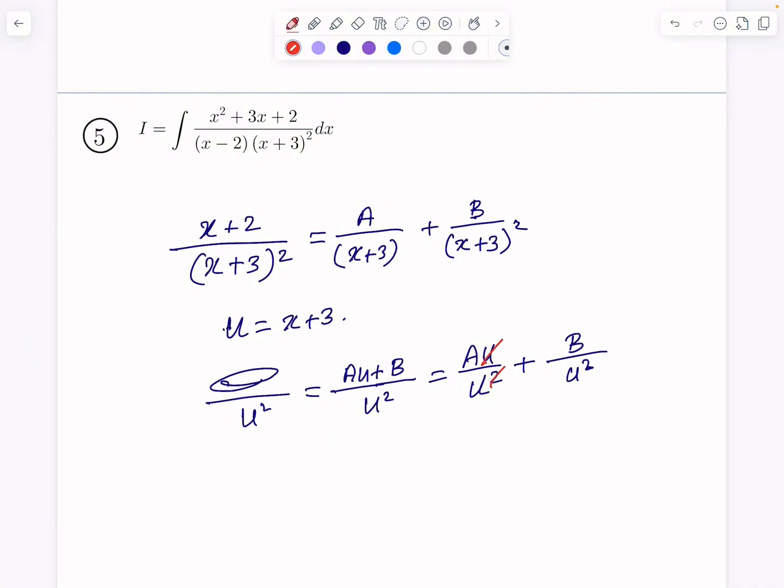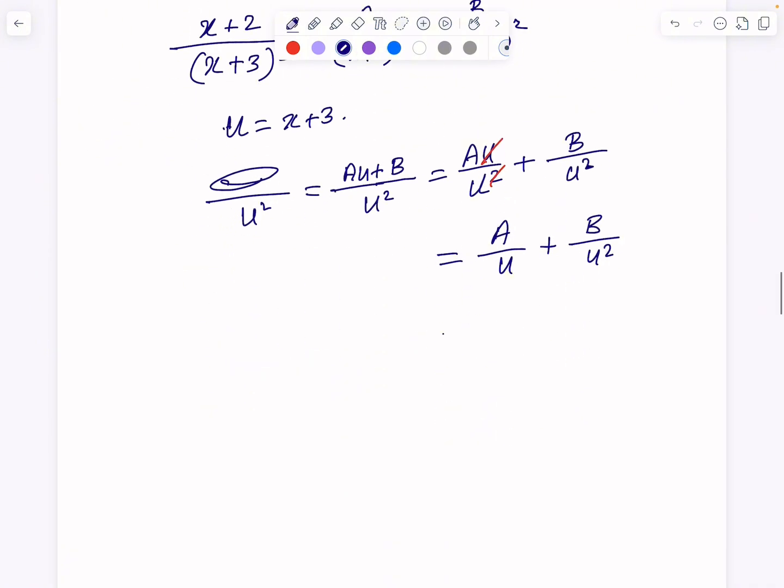If we break it down into two pieces or decompose the equation that we're having, now we can simplify this with this to get a divided by u plus b divided by u squared.